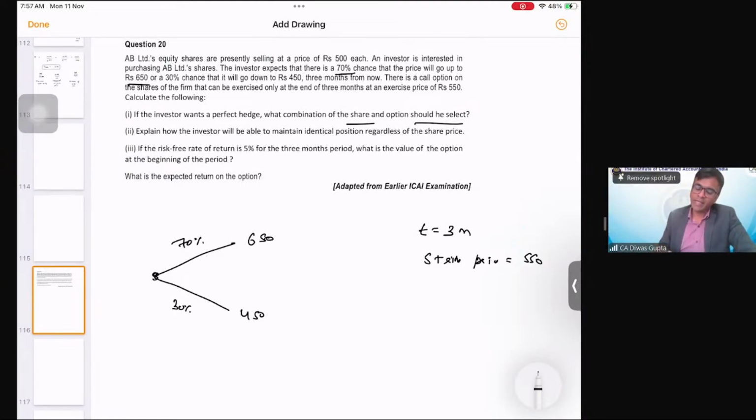So if the investor is interested in purchasing the AB Limited's shares, now comes the catch here.